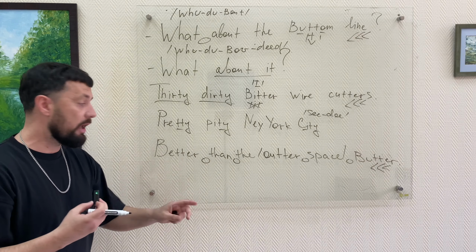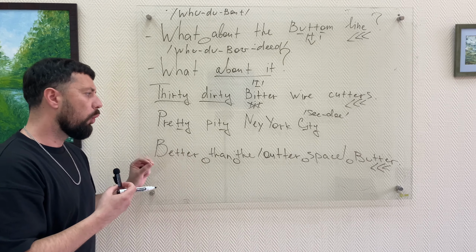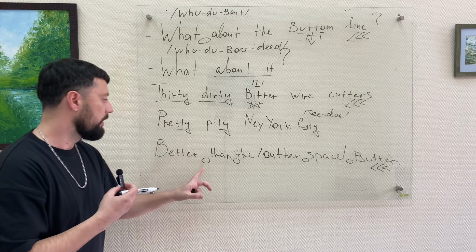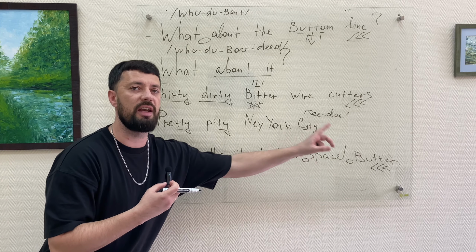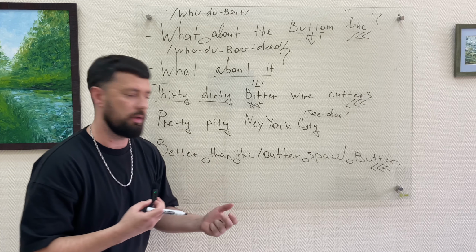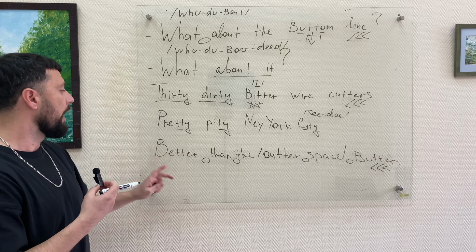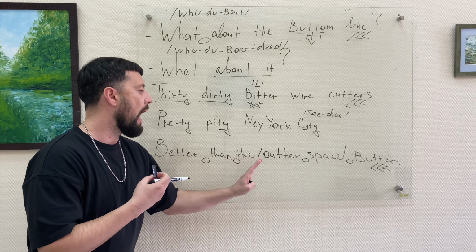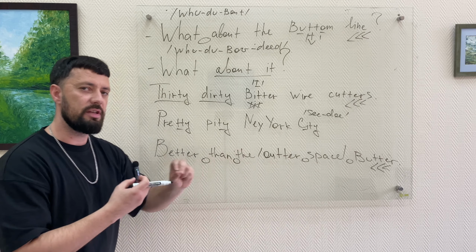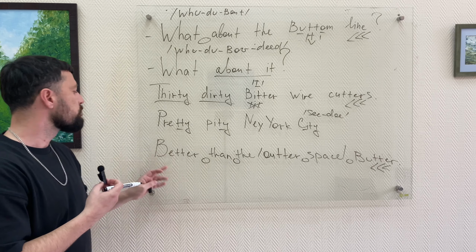So same thing with the tongue twister. You may go low speed, but make sure that everything is connected as if it was one word, okay? So let's try it slow and then we will speed it up. Okay. Better than the outer space butter. See, everything's connected. Everything's tied together, all right?